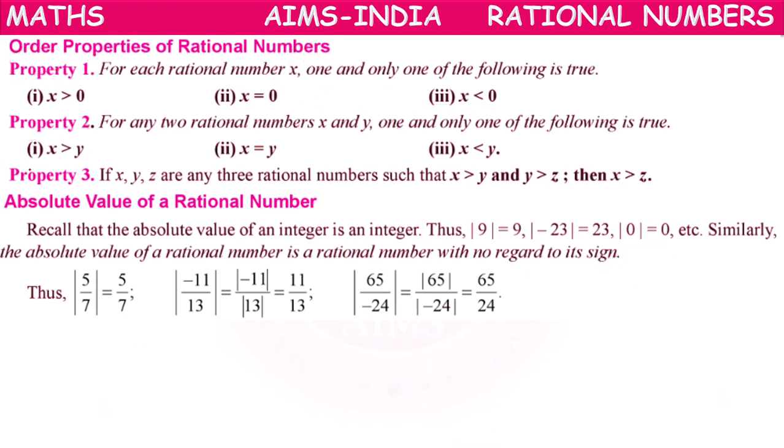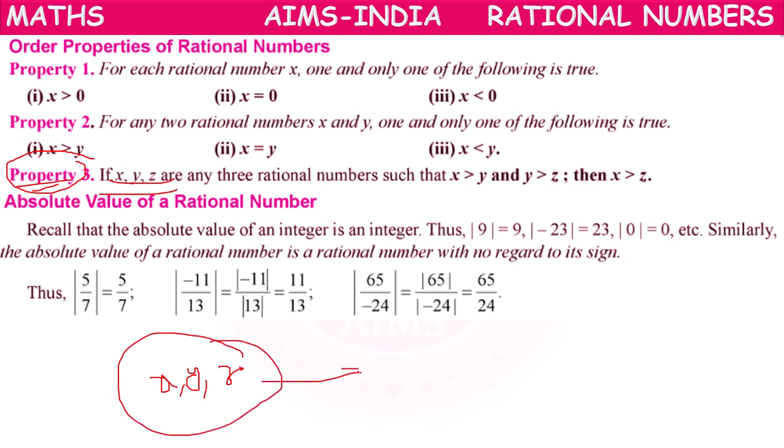According to property 3, if there are three rational numbers x, y, z such that x is greater than y and y is greater than z, then compulsorily x will be greater than z. Indirectly we are comparing x and y, and y and z.